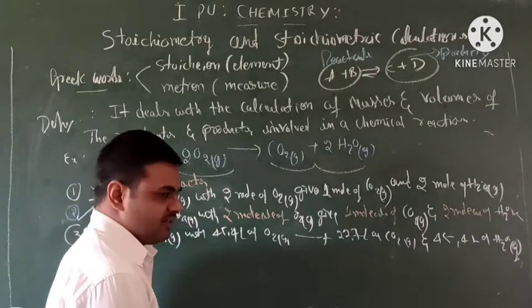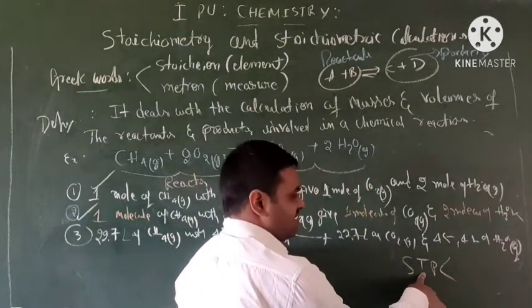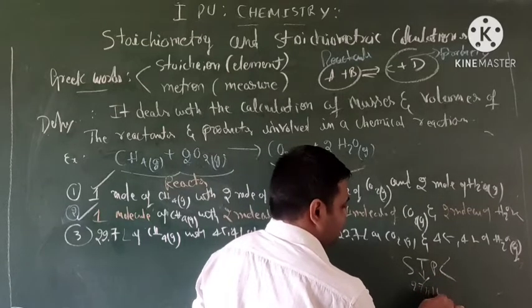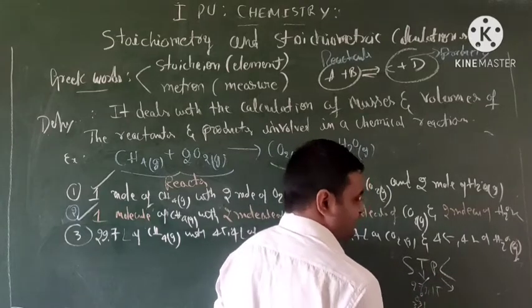STP means standard temperature and pressure. The standard temperature value is 273.15 K or 0 degrees Celsius or 32 Fahrenheit, at 1 bar pressure.